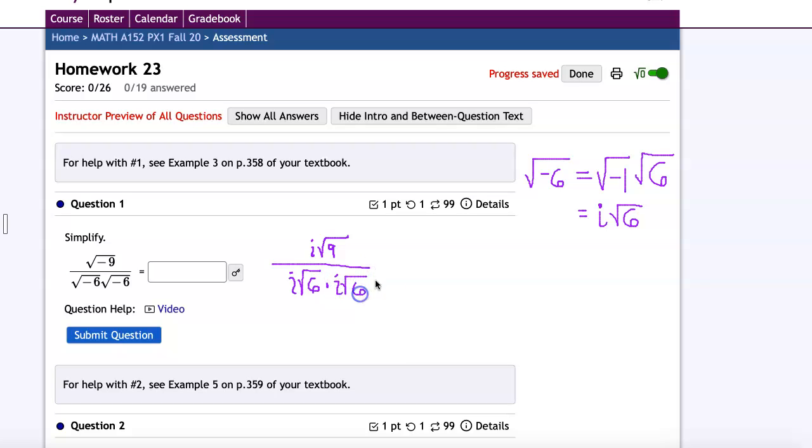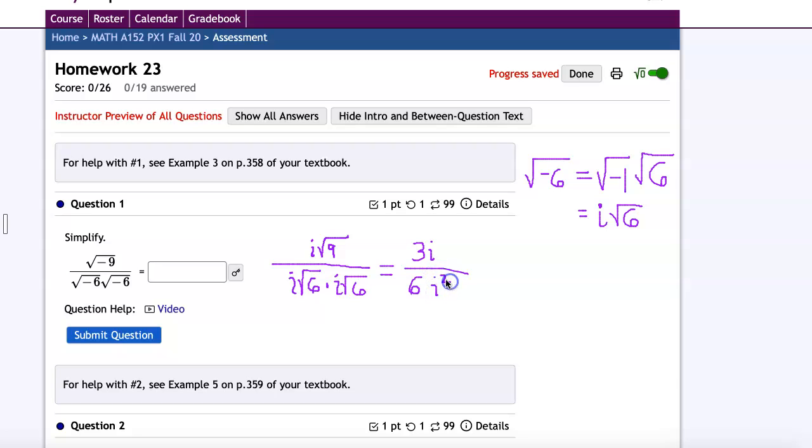Okay, so then that gives us, for the numerator, square root of 9 is 3, so we get 3I. And then for the denominator, we have the square root of 6 times the square root of 6, which is 6. And then we have I times I, which is I squared.